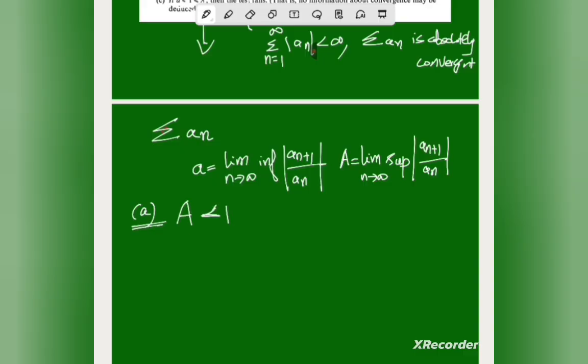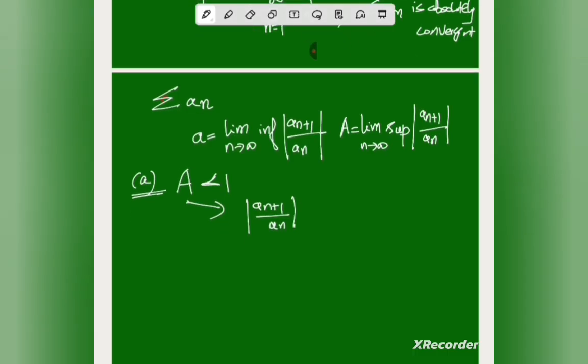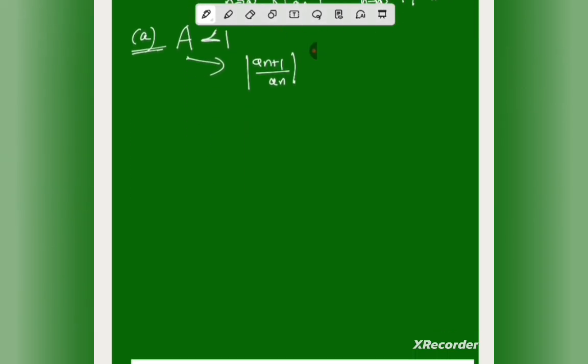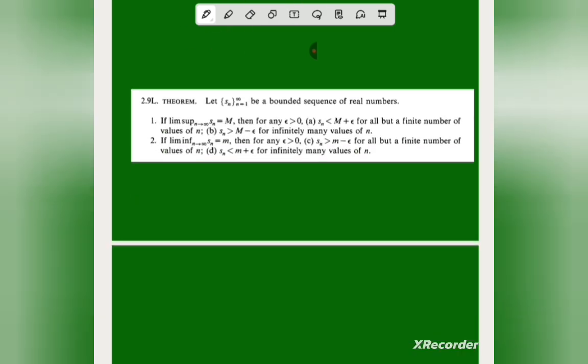What is capital A? Capital A is the limit supremum of modulus of a_{n+1} by a_n. By using this, we are going to prove this theorem. For this, I am going to use a theorem which we have already studied in the previous sequence unit. Let S_n be a bounded sequence of real numbers, and suppose m is the limit supremum of the sequence.